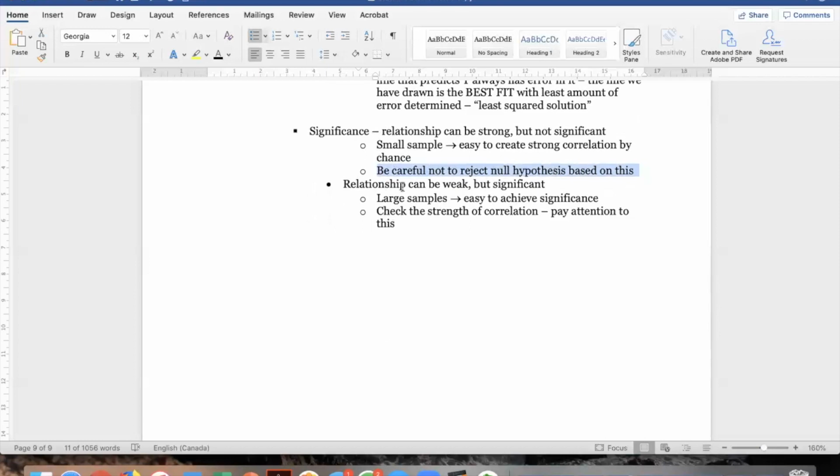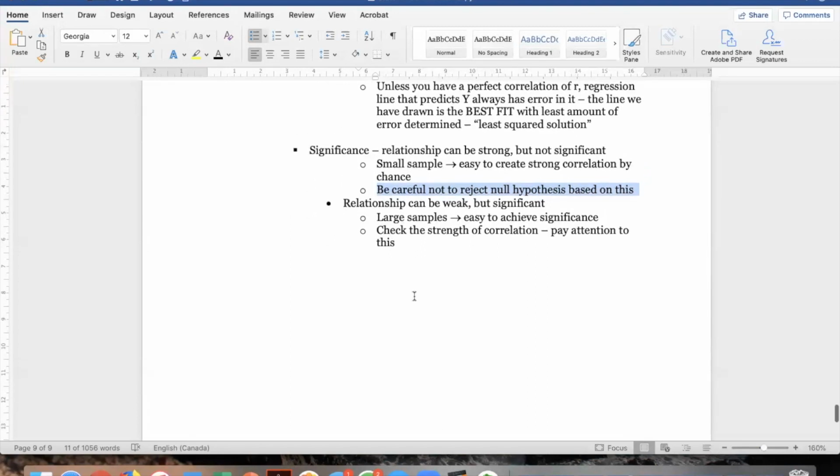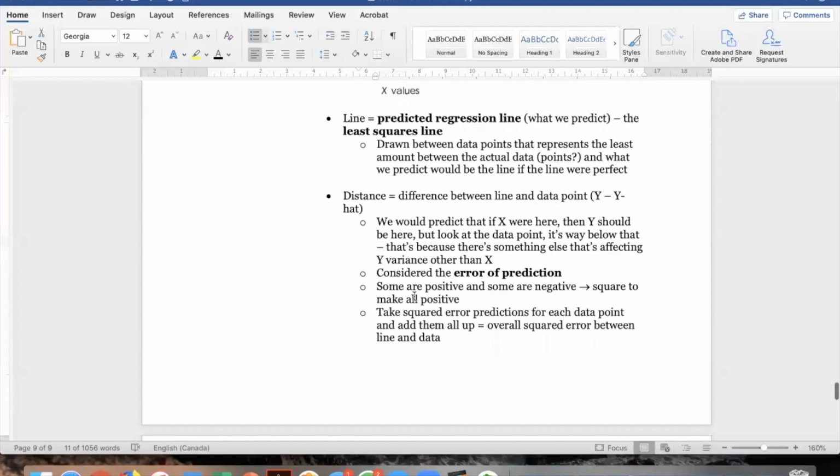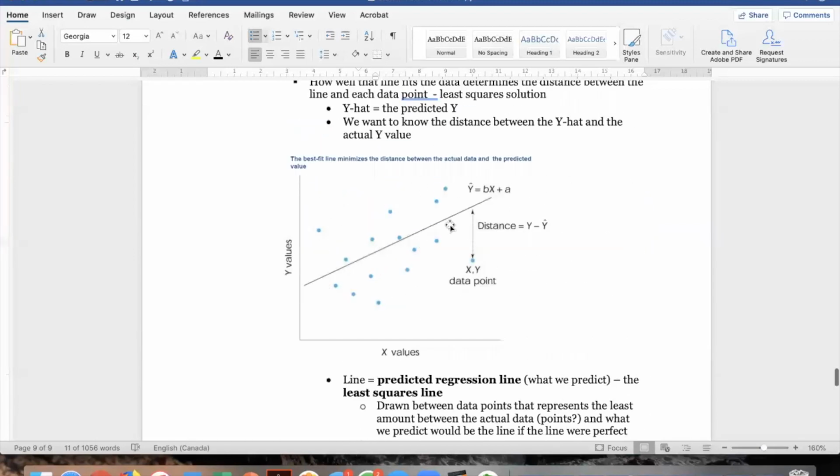And again, you can have a weak relationship, but it's significant. So you have a really, really large sample, and this is hard to explain, and it probably won't show up in the assignment, but it's significant even though it's more spread out, because you have 100 dots instead of just these 10 or 15 or 20, however many are here.